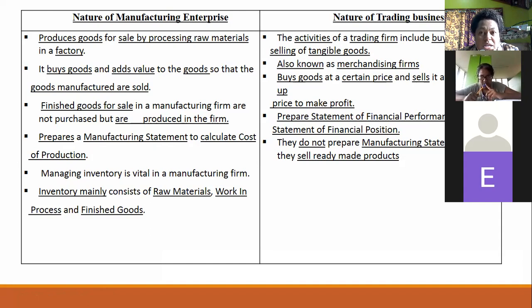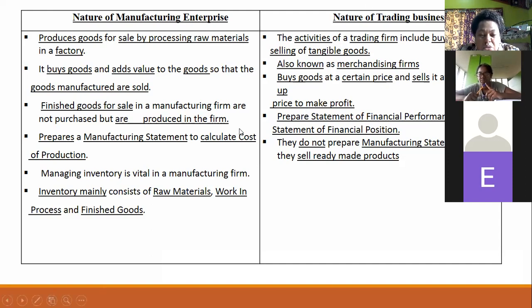Now, if I quickly take us across to trading business, they prepare a statement of financial performance to calculate net profit or net loss. At the same time, they prepare a statement of financial position to gauge the financial position of the business at a certain time period. That is why with the heading we use the phrase "as at".